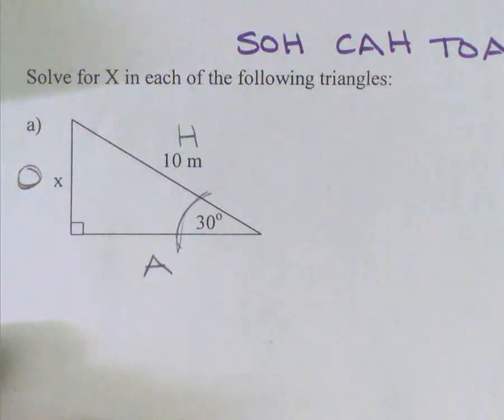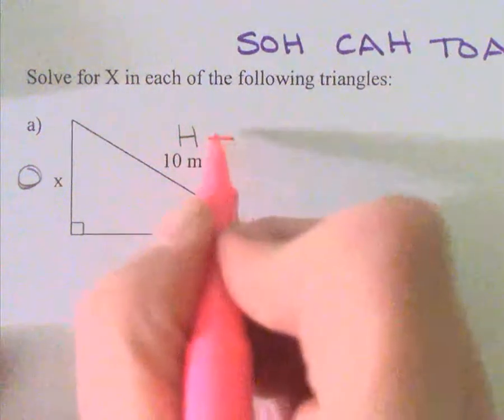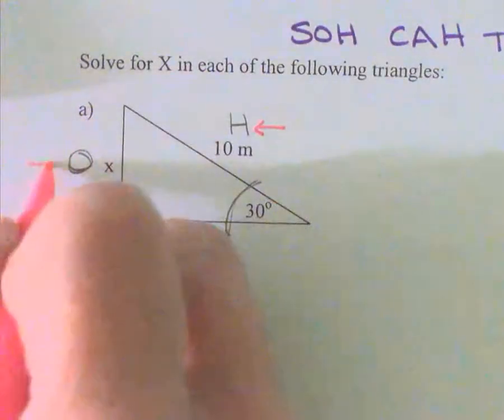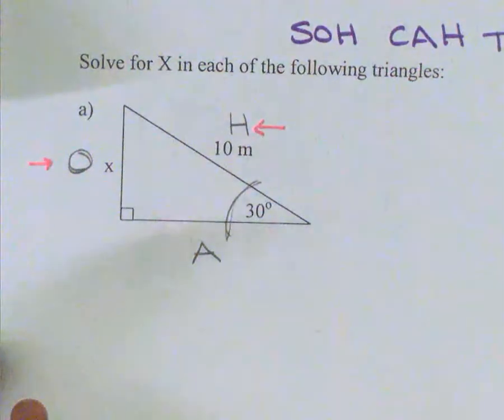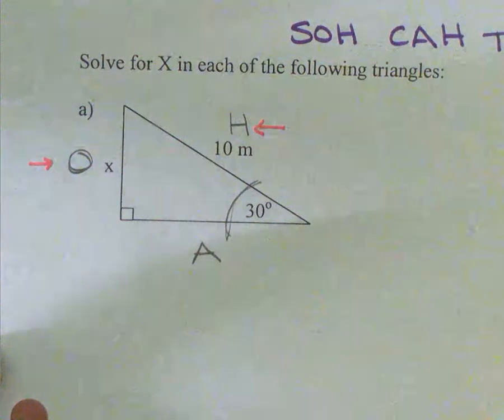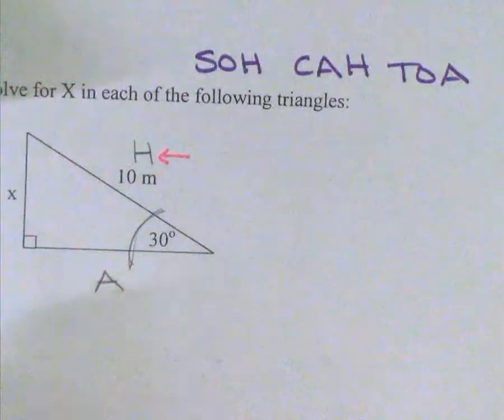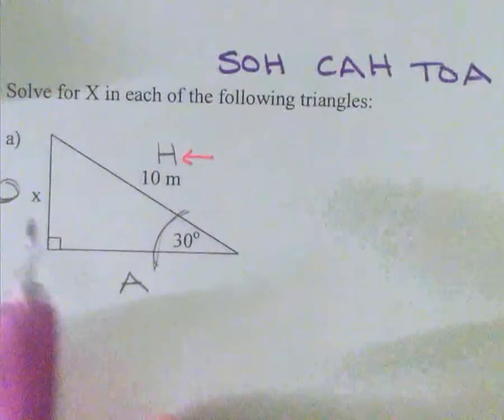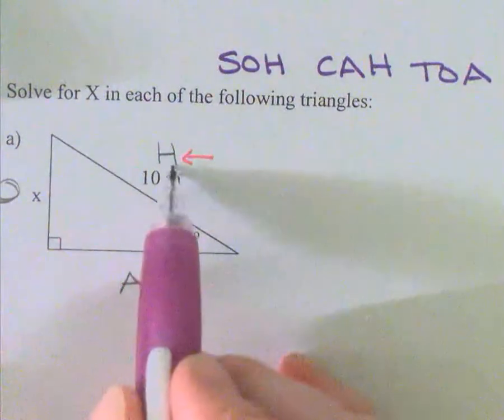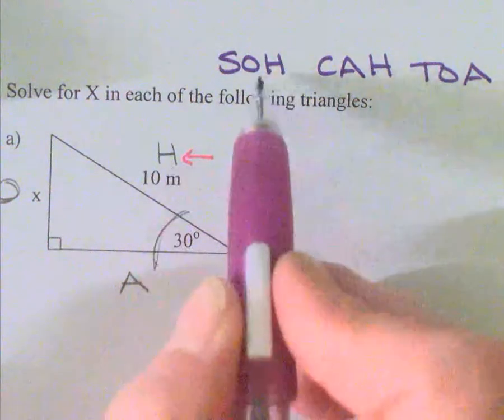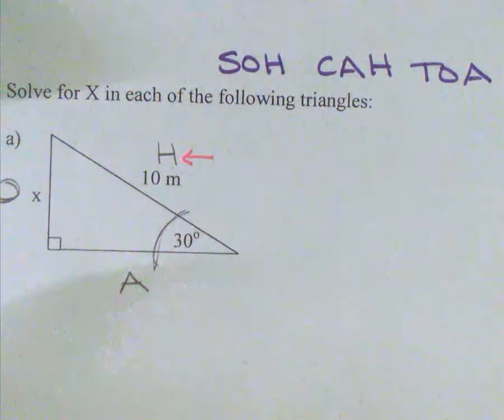So I have the hypotenuse, and I'm looking for the opposite, which means I don't really care about adjacent. So I'm looking for which ratio where I have opposite and hypotenuse. So that would mean that I would need my sine ratio.